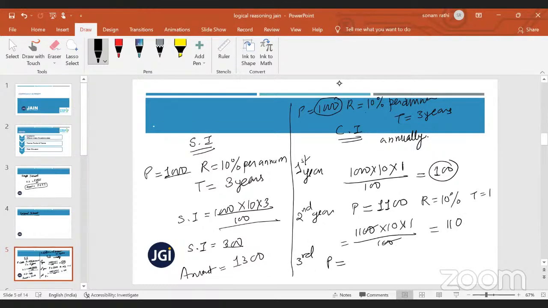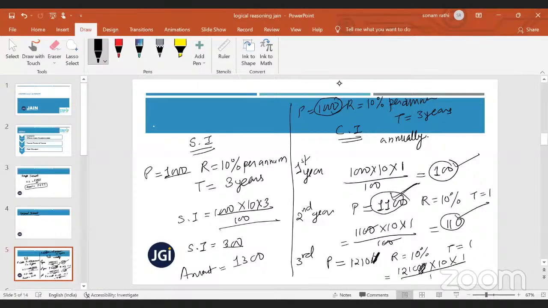Now third year, what will be the new principal? Can anyone tell me? Earlier the principal was this plus this, and now the new principal will become principal plus the interest part. So 1210, rate is 10% and time is 1 year. So put everything in the formula: 1210 into 10 into 1 upon 100.